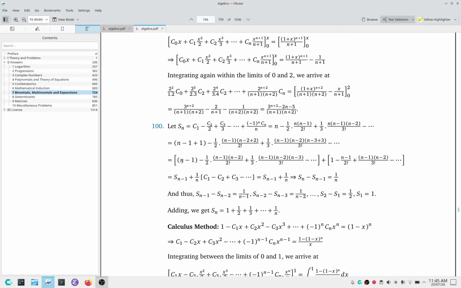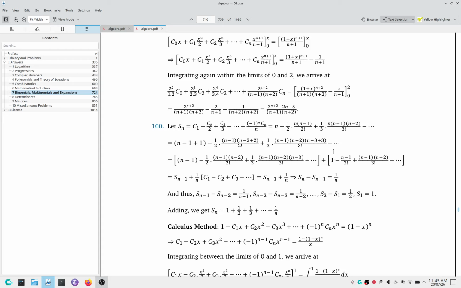So we write this as n minus 1 minus half times n minus 2, n minus 1 times n minus 2 upon factorial 2 plus 1 upon 3 times n minus 1 times n minus 2 times n minus 3 upon factorial 3 and so on.